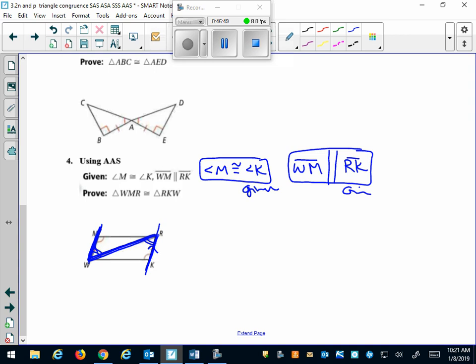Yeah, we're going to do that too. But from this given, that the lines are parallel, we could say that angle KRW is congruent to angle MWR.